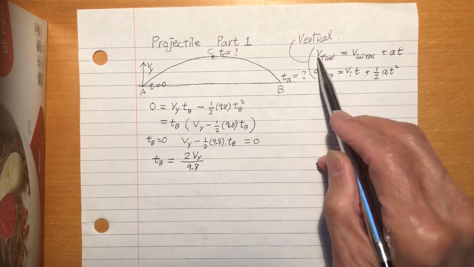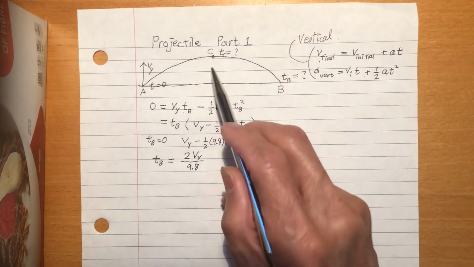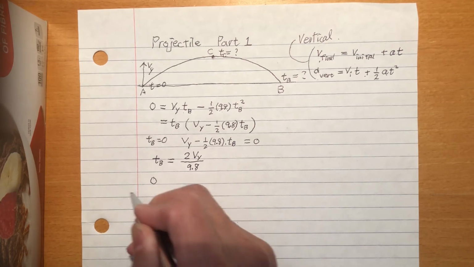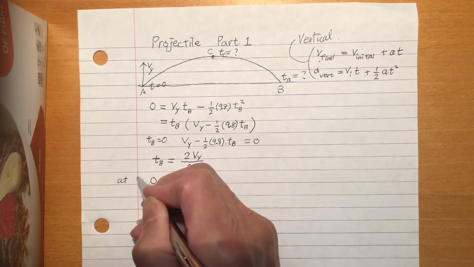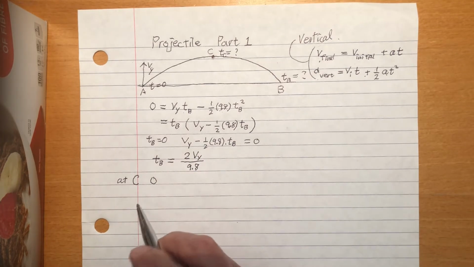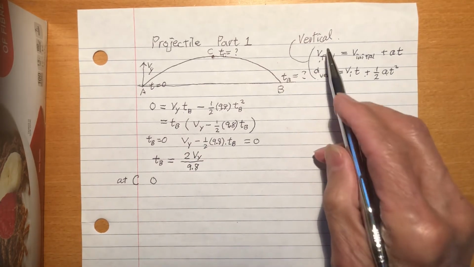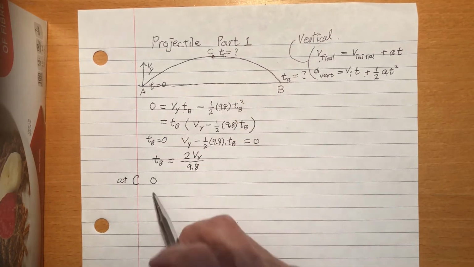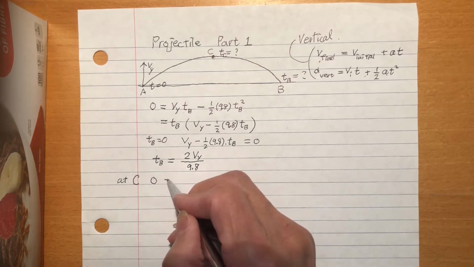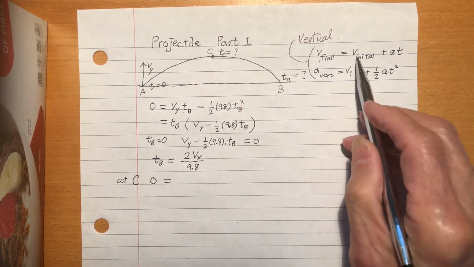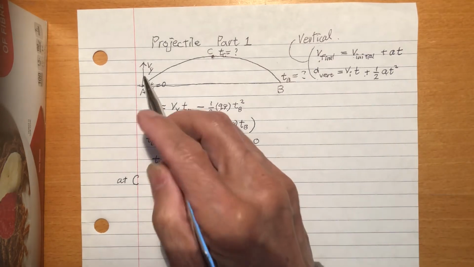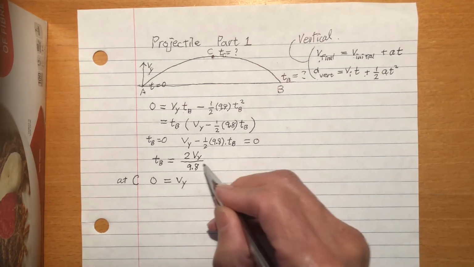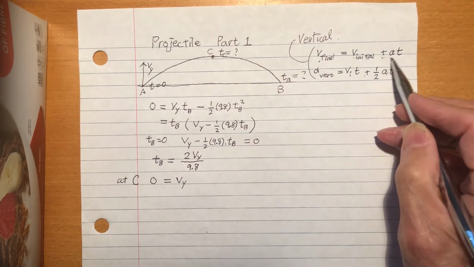The final vertical component of velocity has to be 0 at point C. So I write at point C, this is my final velocity, this is my initial velocity. At point C, my final vertical velocity should be 0, and it should equal the initial velocity, which I label Vy, plus acceleration times t.